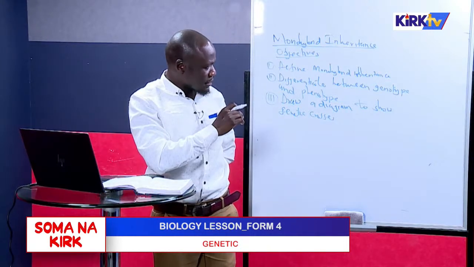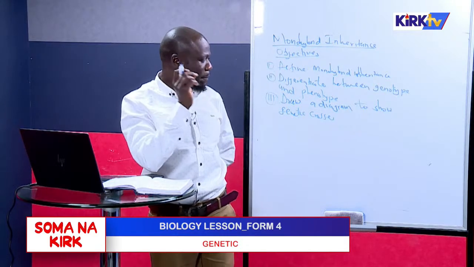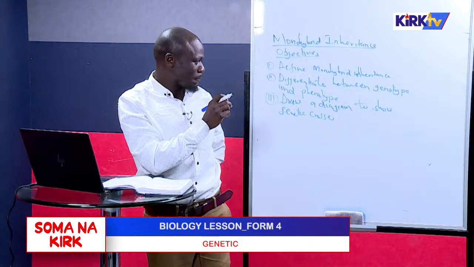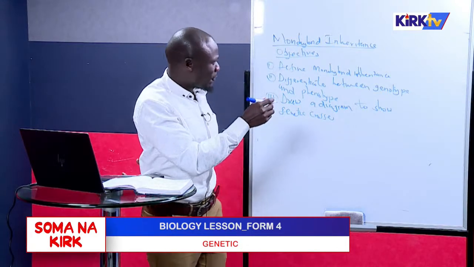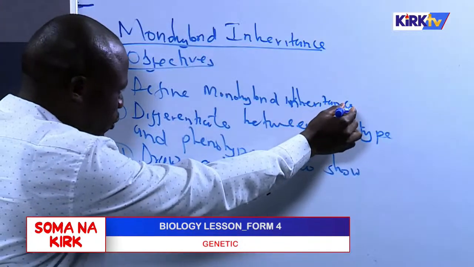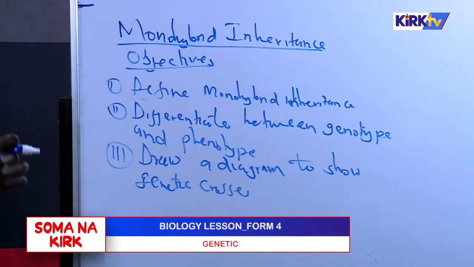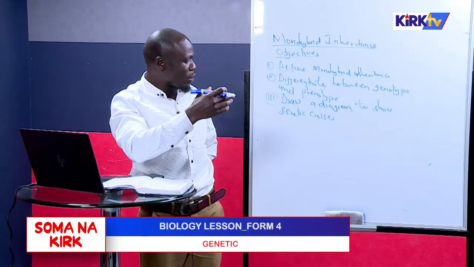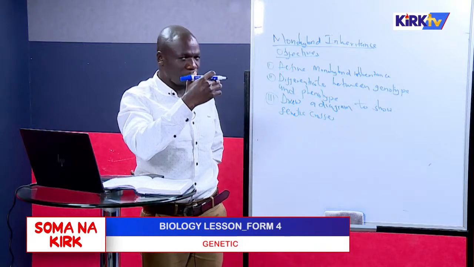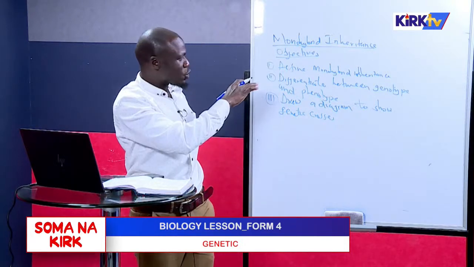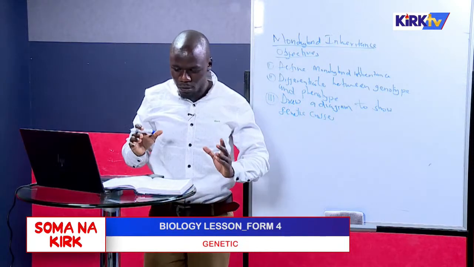So for this characteristic to be passed, it must be passed in a pair of genes. The definition is what is going to guide us when we will be drawing the crosses to show how these genes are passed.